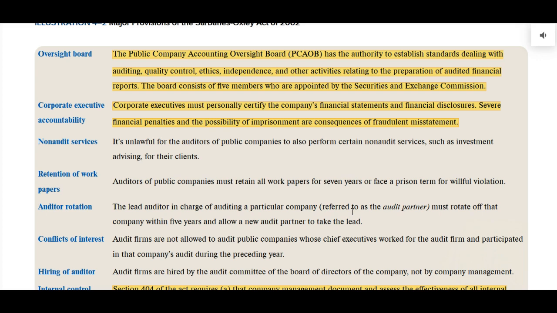The second one says that corporate executives must personally certify the company's financial statements and financial disclosures. And so this did not happen before, and sometimes the CEO and CFO said, I didn't know what was going on. It's not my fault that fraud was committed. Well, now they are personally responsible for these statements.